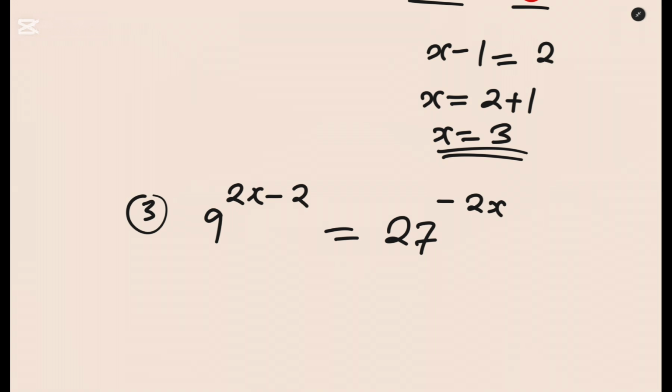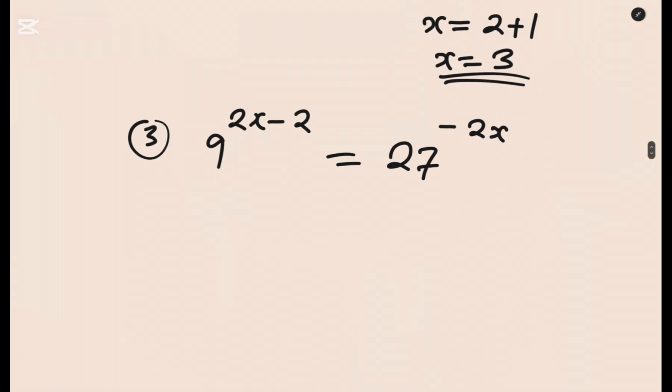Equally here, you need to express the bases on both sides to be common, so the bases on the right side and on the left side should be equal. Now 9 and 27 have nothing in common in terms of we cannot say the common base is 9, because 27 cannot be raised to base 9. So now we need to find a base that is smaller than 9.